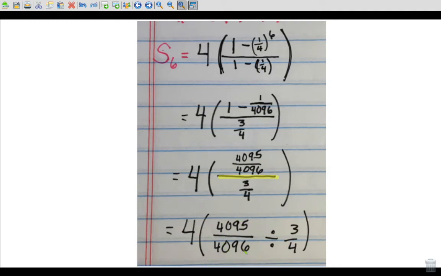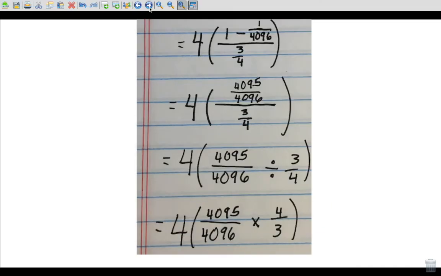So there's the original numerator that was simplified divided by the denominator. But you will now remember from middle school math, technically you can't divide with fractions. We will change it to a multiplication problem and we'll multiply by the reciprocal of 3/4. And that's what I show on my next page. I've changed division to multiplication and I've taken the reciprocal.